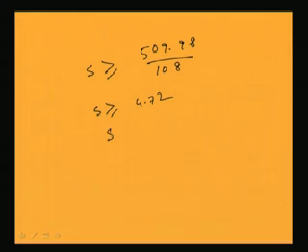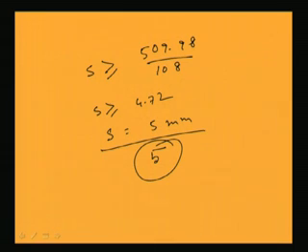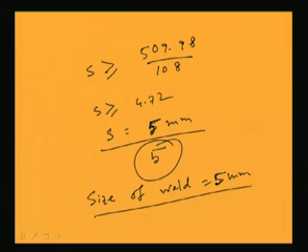So, we can use S as 5 mm, and we know the minimum size of weld can be 5 mm. So, the size of the weld will become 5 mm. The final answer is that we have to find out the size of weld, not the throat thickness, size of weld, that is coming 5 mm, right.